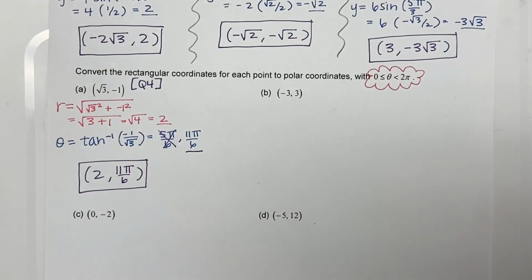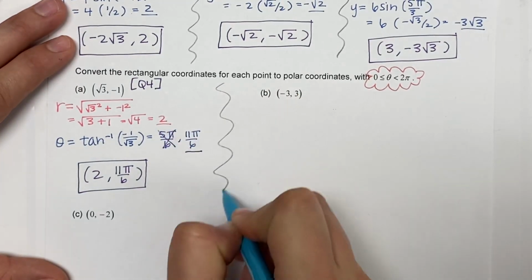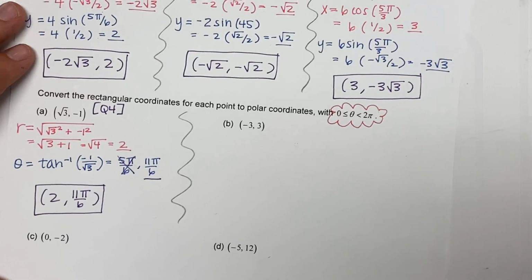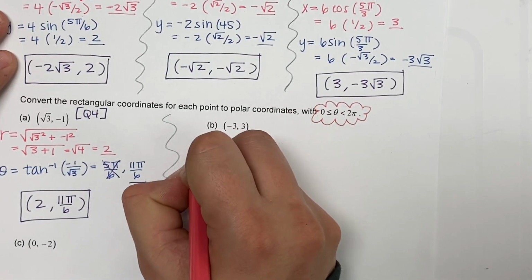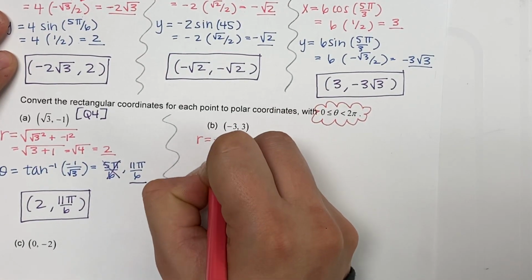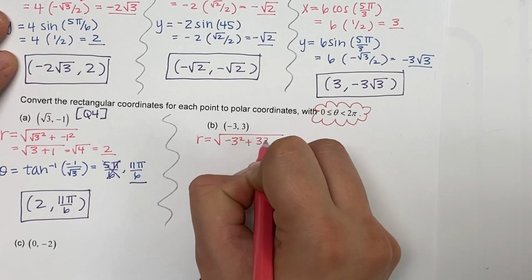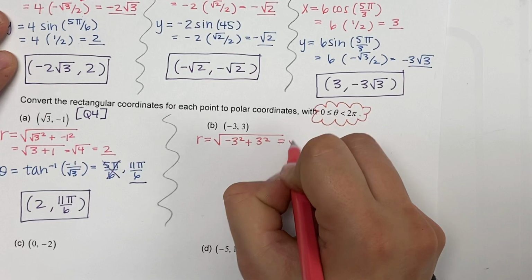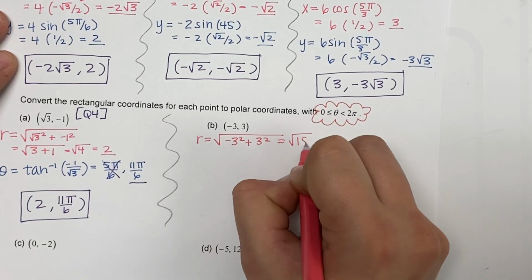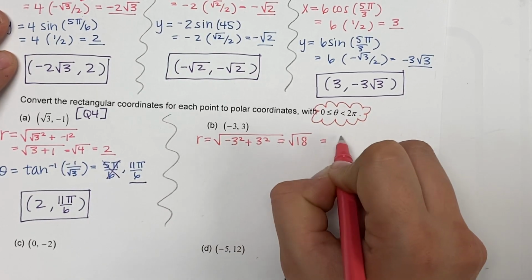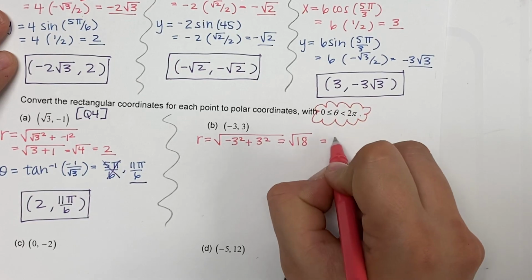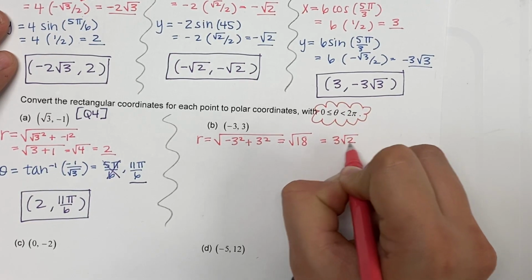Okay, let's try letter B. So I have negative 3, 3. Let's solve for the radius first. Square root of x squared plus y squared. 9 plus 9 is 18. That simplifies to 9 times 2, so 3 root 2.